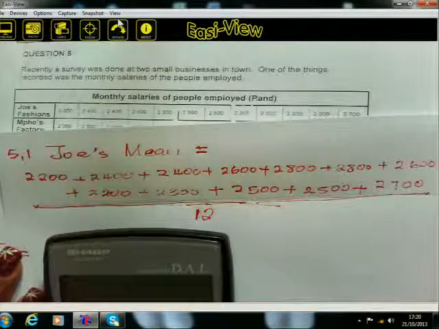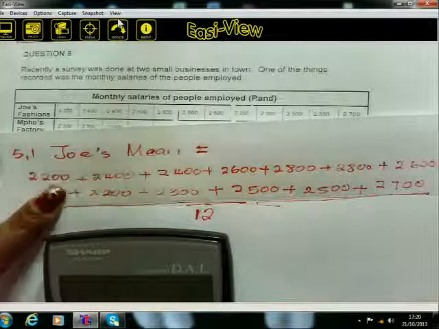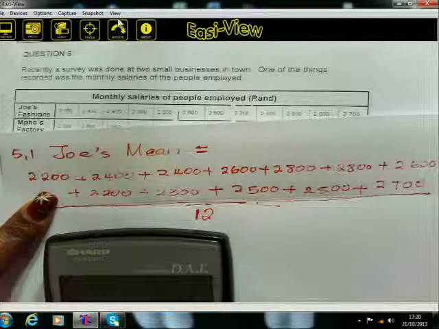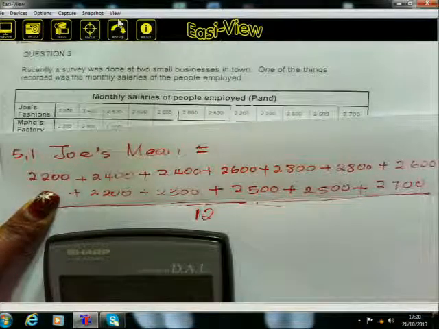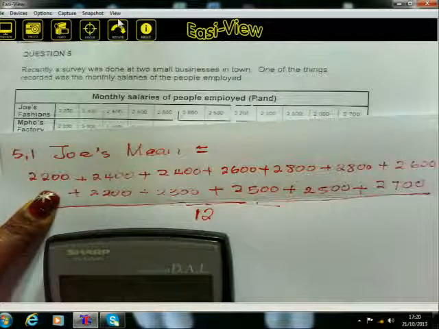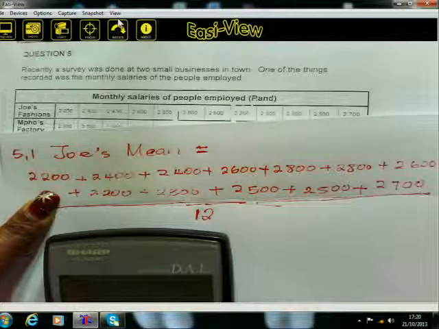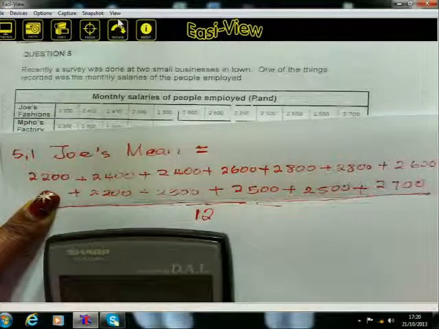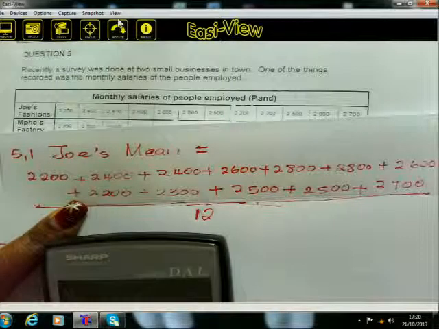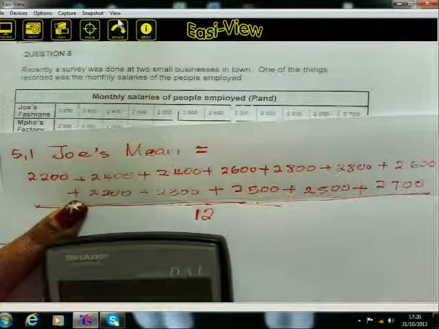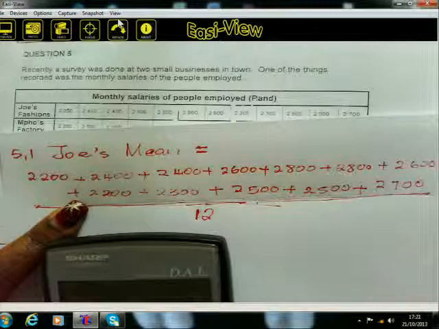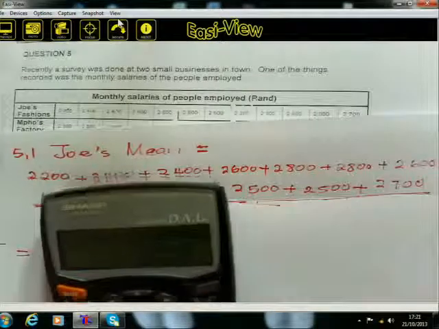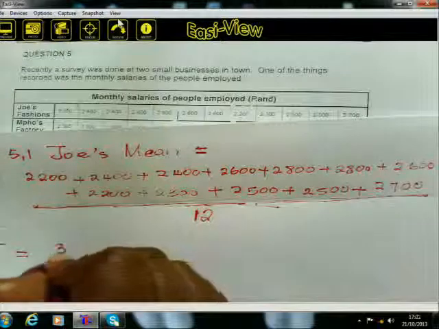We are going to say 2,200 plus 2,400 plus 2,000 plus 2,400 plus 2,600 plus 2,800 plus 2,800 plus 2,600 plus 2,200 plus 2,300 plus 2,500 plus 2,500 plus 2,700 is equals to what? Is equals to 30,000.